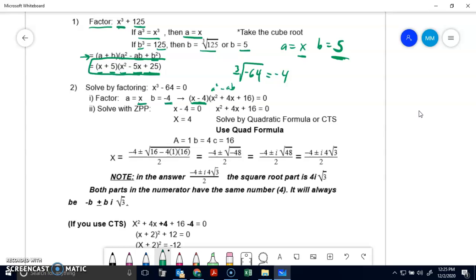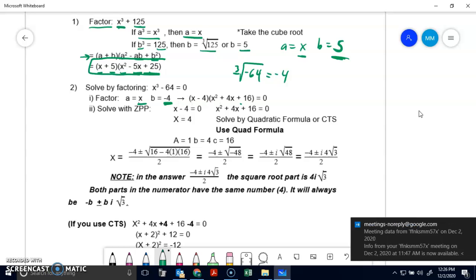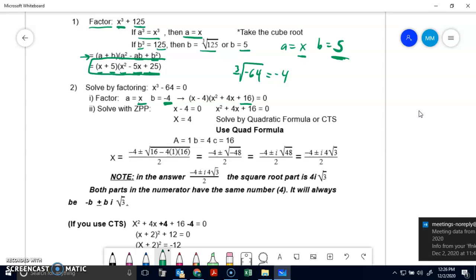Well, there's a negative with the b, so there's actually two negatives here, the negative 4 and the negative that's in the formula, so that turns it into plus 4x. And then negative 4 squared, anytime you square a negative, it comes out as a positive 16. Okay? Watch your signs here. This must always be positive. Anytime you square a negative or a positive, it comes out positive.